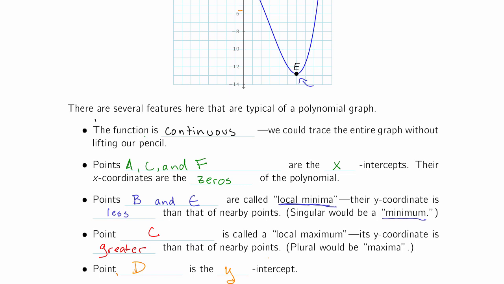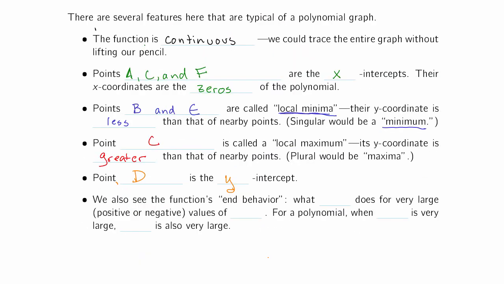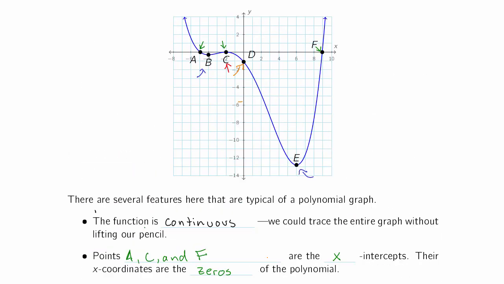The last thing we see in this graph is what's called the end behavior of the function. That's what the graph does for very large values of x. So in this graph, we see that as we go off to the left or to the right, our y-coordinate gets very, very large.